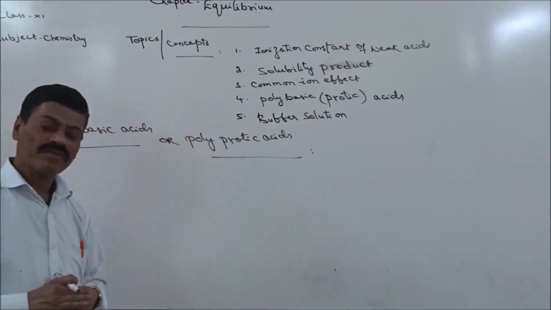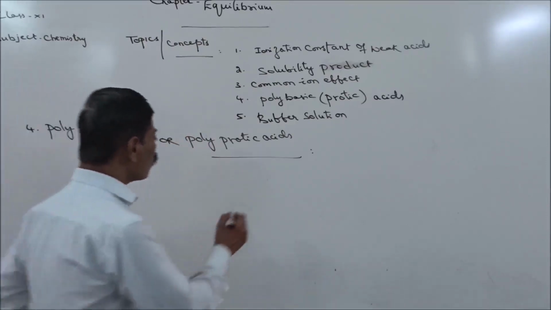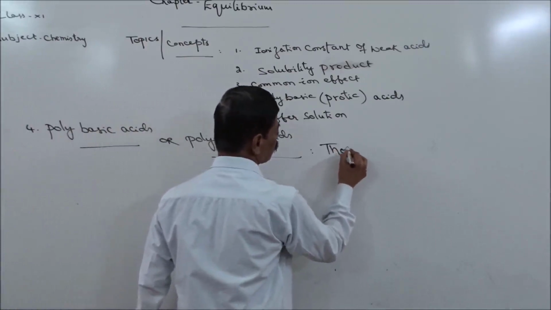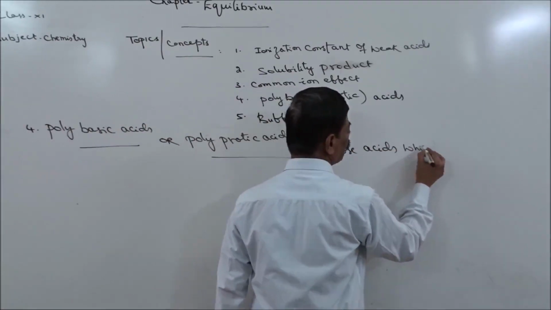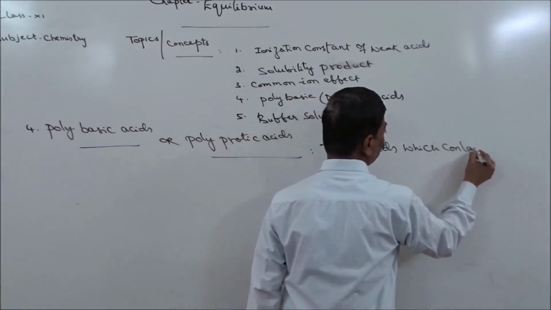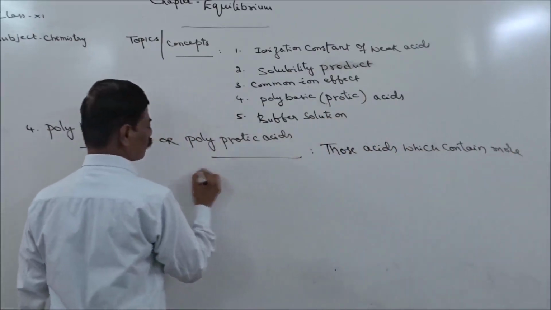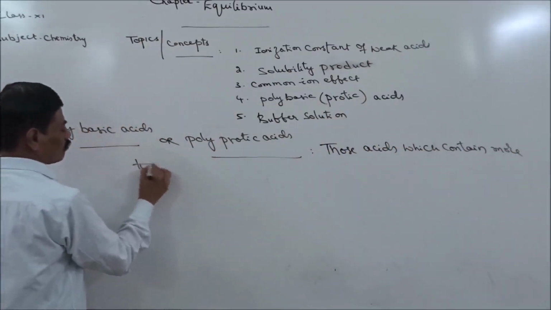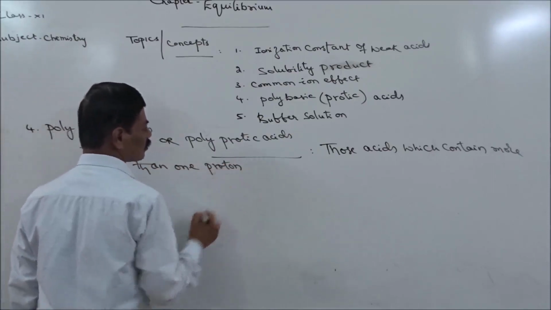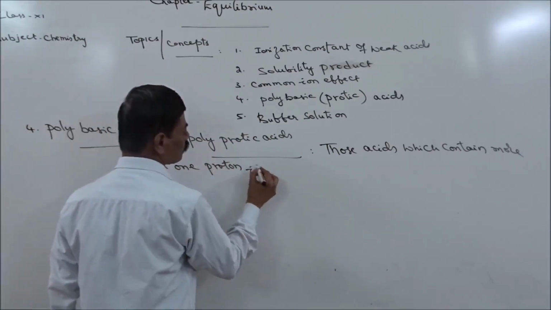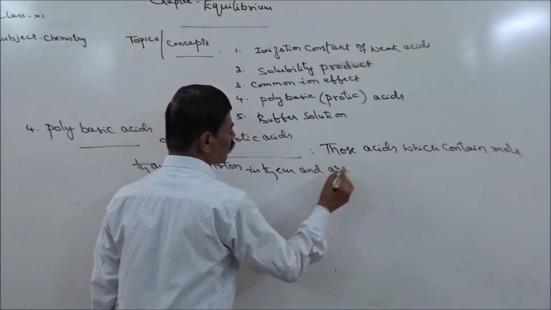Okay. Once again, polyprotic acids are nothing but those acids which contain more than one proton in them and are able to donate them.